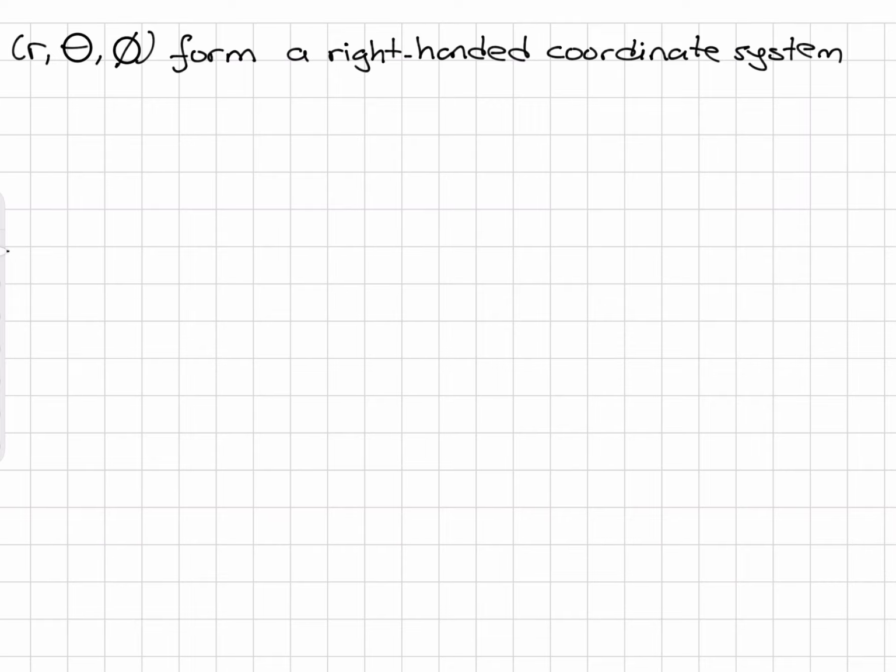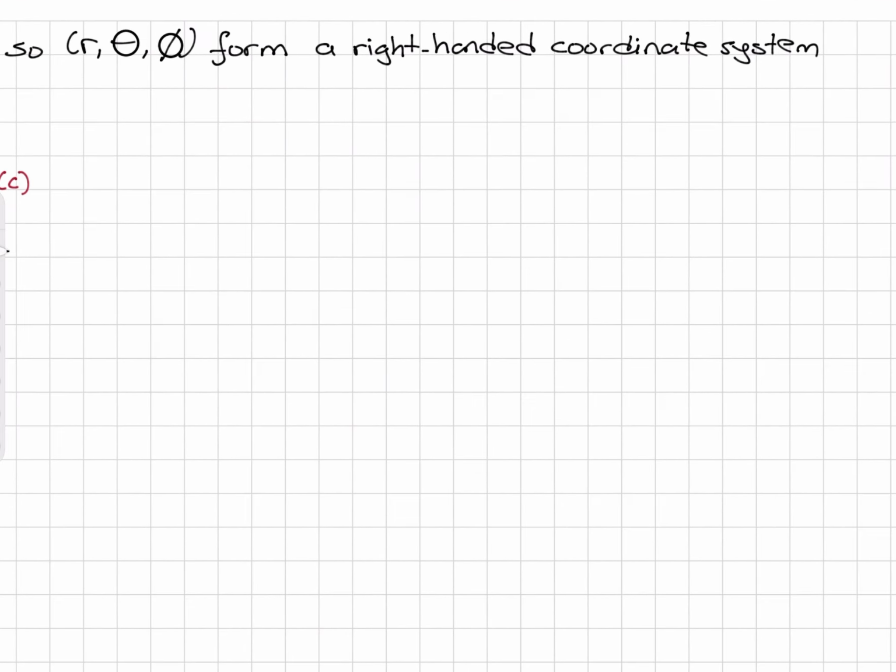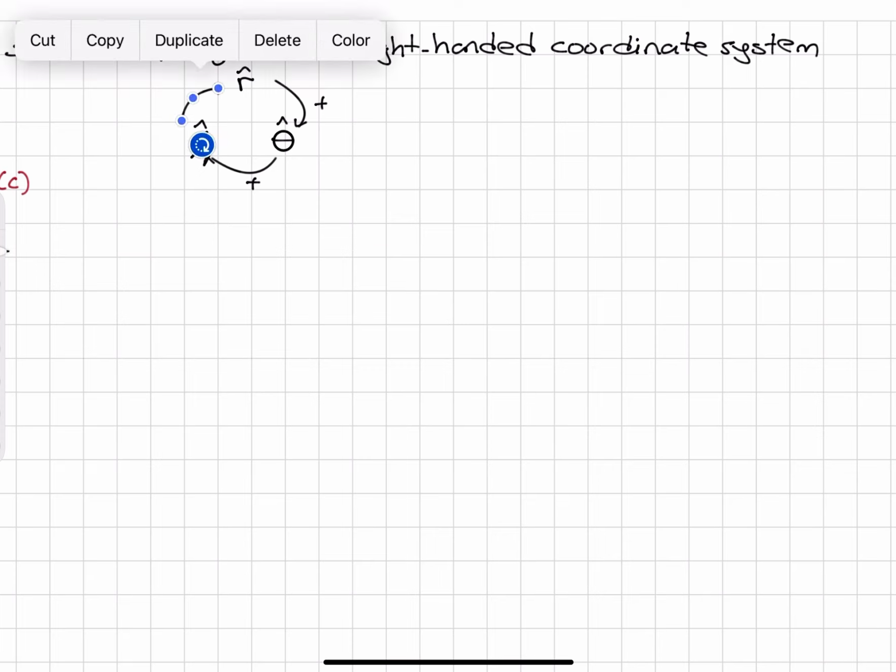And I recognize that by performing these cross products of r hat, theta hat, phi hat, using cyclic permutations, r hat cross theta hat gives me phi hat, theta hat cross phi hat gives me r hat, and similarly phi hat cross r hat gives me theta hat.